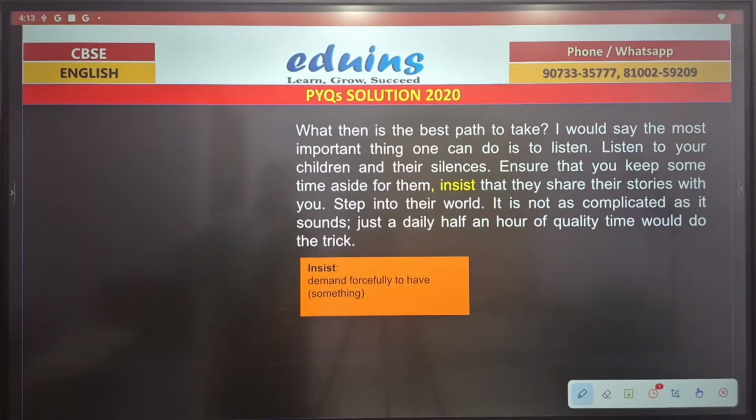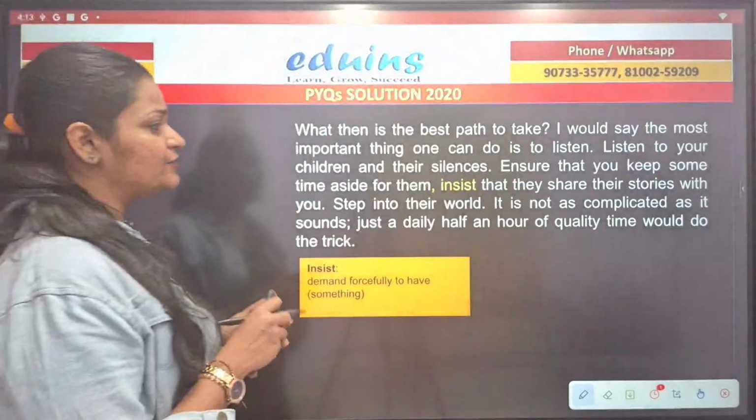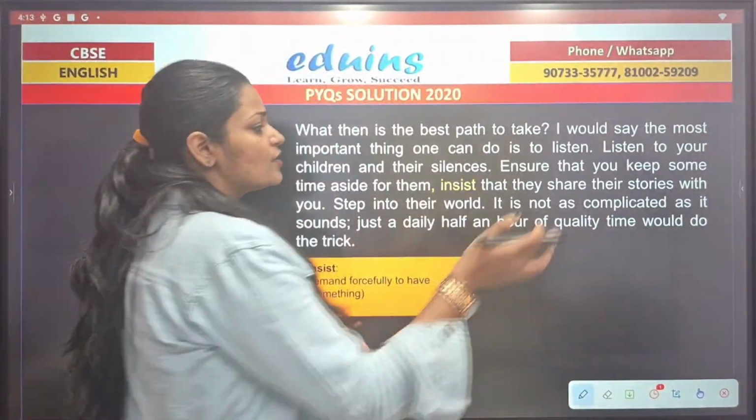Ensure that you keep some time aside for them. Insist that they share their stories with you. Step into their world. It is not as complicated as it sounds, just a daily half an hour of quality time would do the trick. Now, my dear students, you can see that there is a word of which you have to write the antonym: simple, complicated.